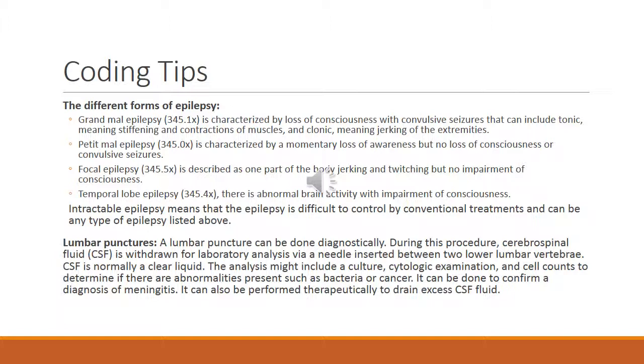Next is petit mal epilepsy, which is characterized by momentary loss of awareness but no loss of consciousness or convulsive seizures. Next is focal epilepsy, which is described as one part of the body jerking and twitching but no impairment of consciousness. And then the last, temporal lobe epilepsy, where there is an abnormal brain activity with impairment of consciousness.